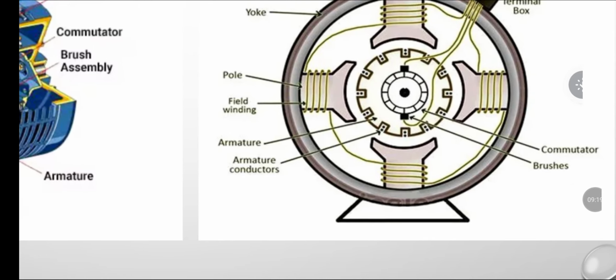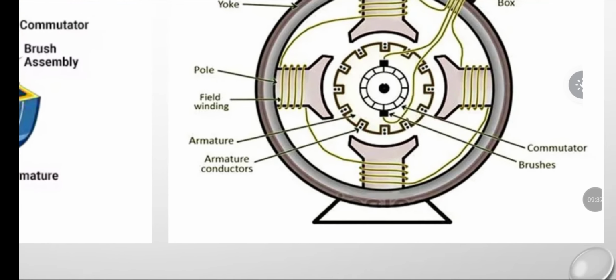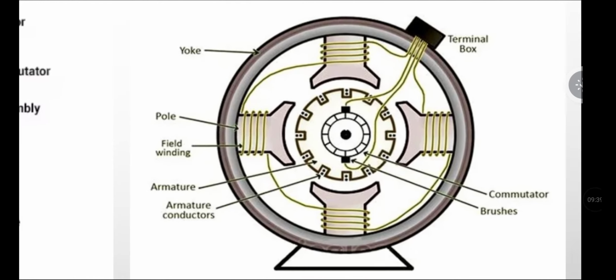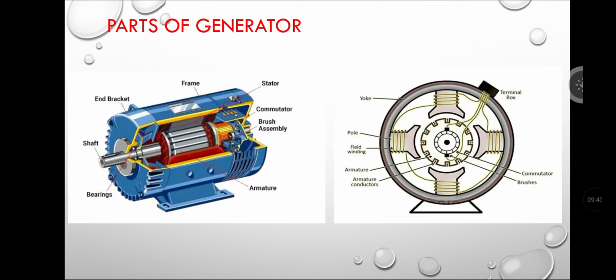Now you just see that the wire is also wound on the magnet. This is a field winding, and there is also wire which is wound on the armature inside. Okay, so armature conductors, brushes, commutator, and the last one is your terminal box. I hope at this level it is clear to you.